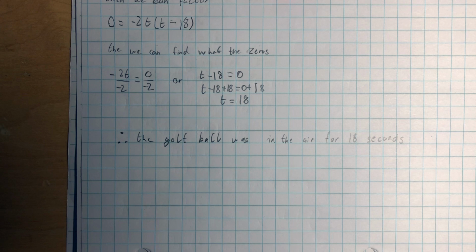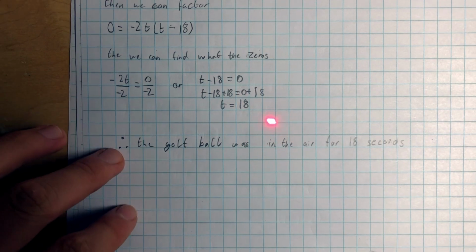So first we set h as 0, because h is y, so to find x we set h as 0. 0 equals 36t minus 2t squared. Then we can factor, find the zeros, and t is the time it stays in the air. So it stays in the air for 18 seconds.